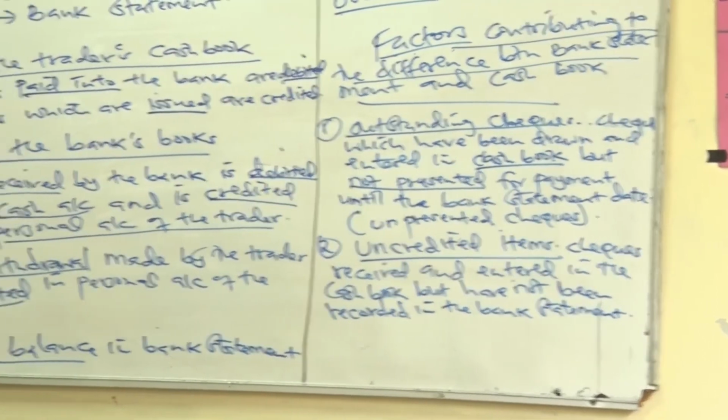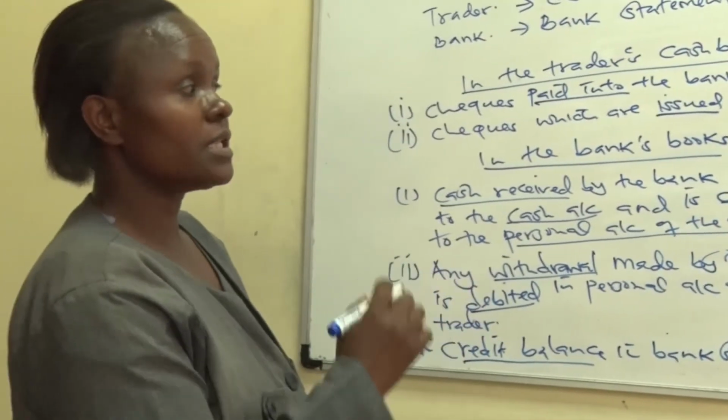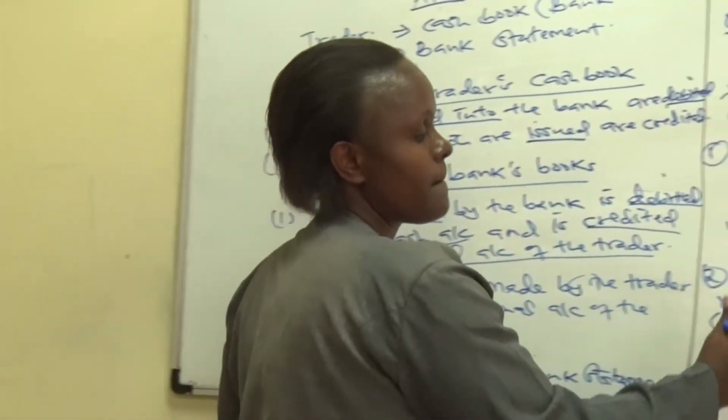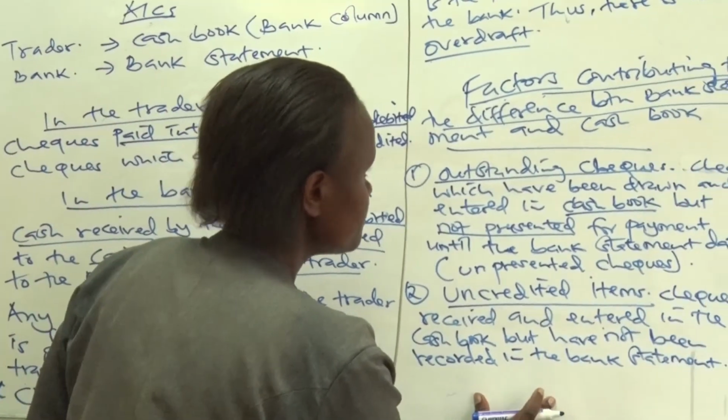So the details can be found in the cash book, but they cannot be found in the bank statement.